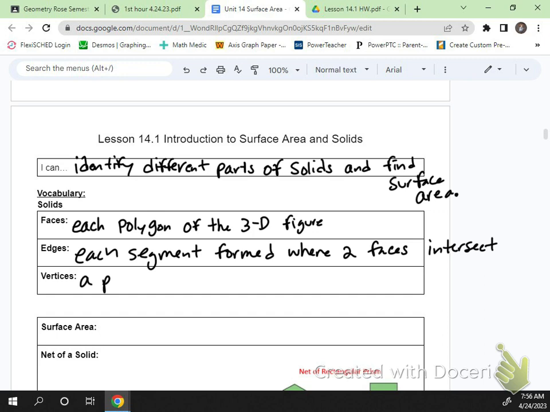Vertices, it's a point where three or more edges intersect. So like this would be a point, a vertice, because I've got this edge, this edge, this edge all coming together. A vertice.